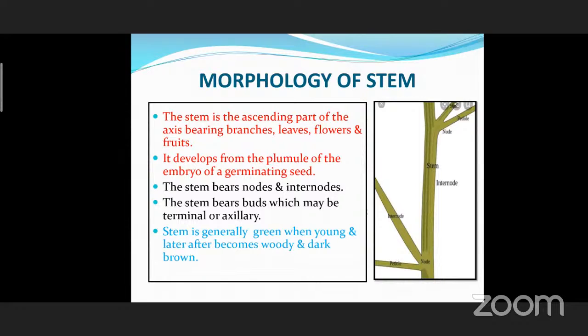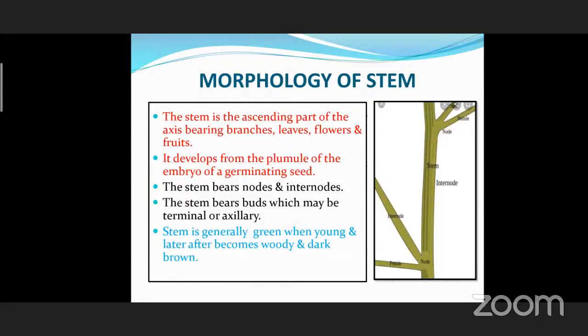The main function of the stem is to spread out the branches that bear leaves, flowers and fruits. The stem conducts water and minerals and performs photosynthesis. Some plants also perform other functions such as storage of food, vegetative propagation, and give mechanical support and protection.